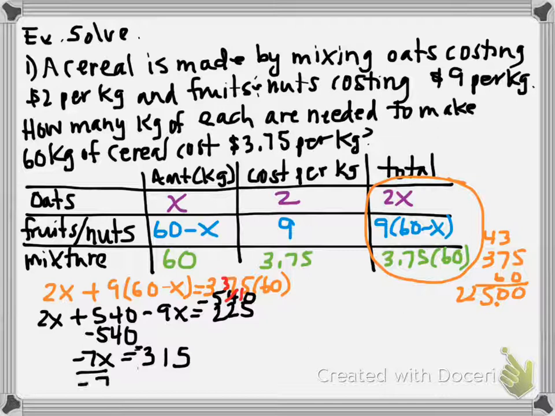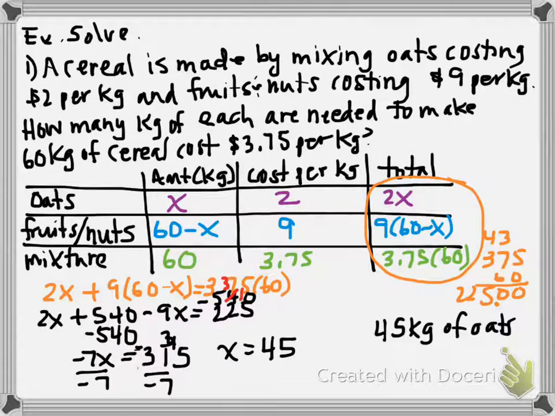So now we divide both sides by -7. And the two negatives cancel. 7 goes into 31 4 times, which is 28 with 3 left over. And 7 goes into 35 5 times. So what that tells me is that I'm going to get 45 kilograms of oats.